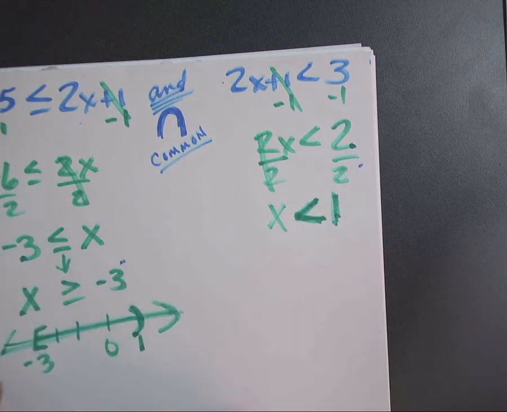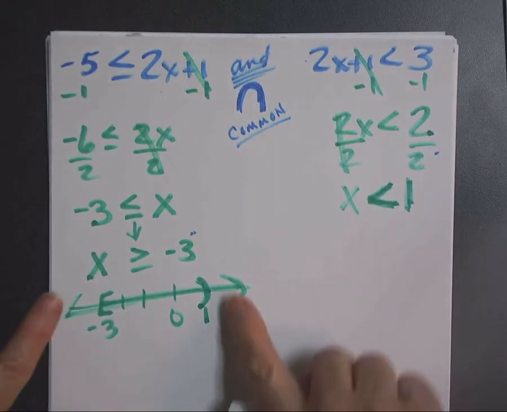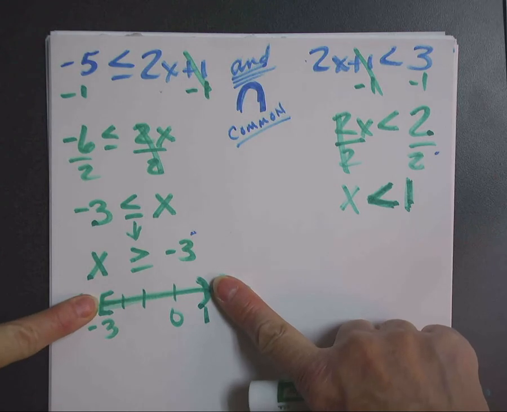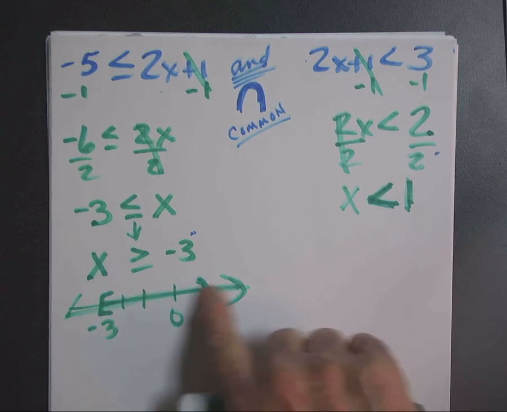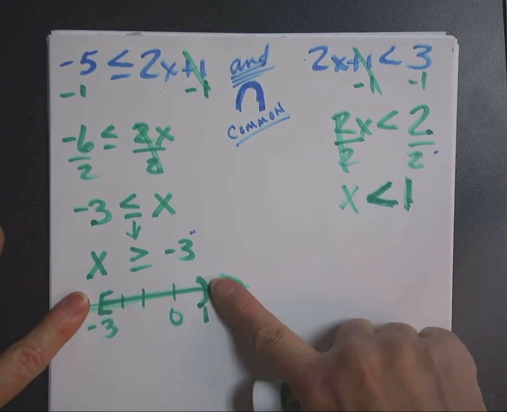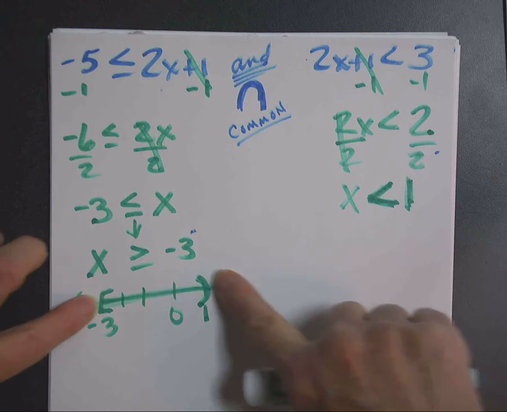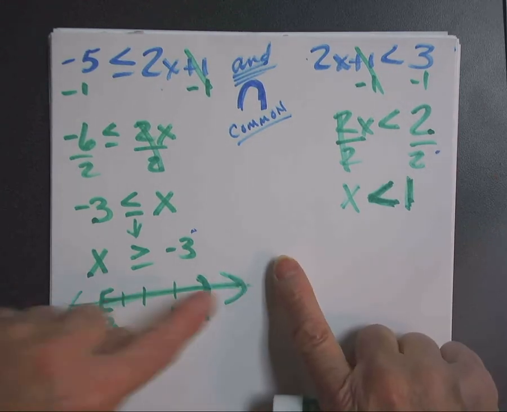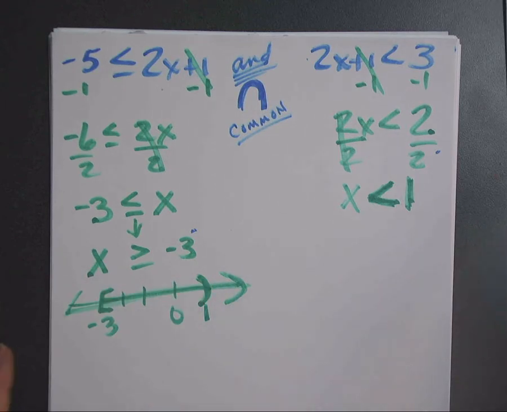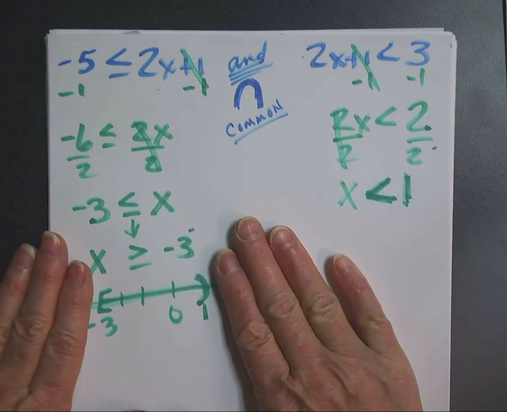So what do they have in common? They have the part between. See, this one went forever that way, this one keeps going that way. Oh, so they have infinity, all numbers? No, that is not in common. This one had infinity that way, and this one had infinity that way, so that's not common to both of them.